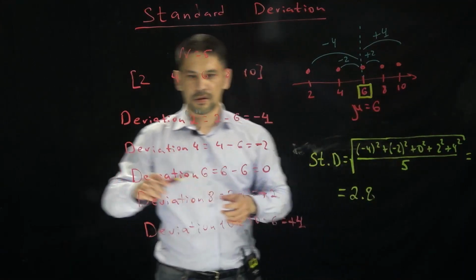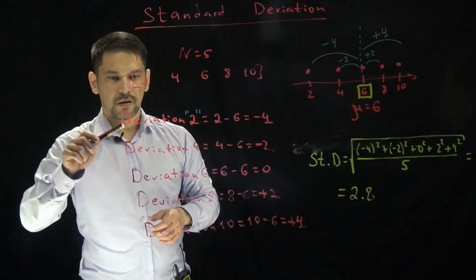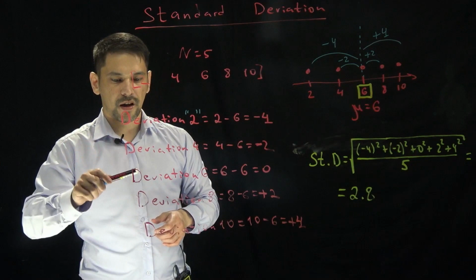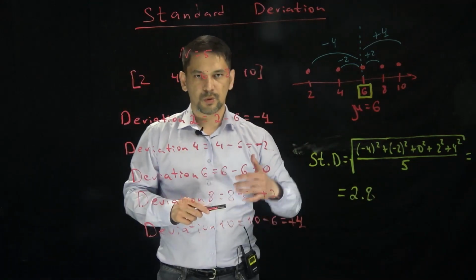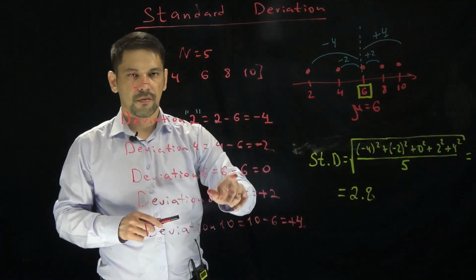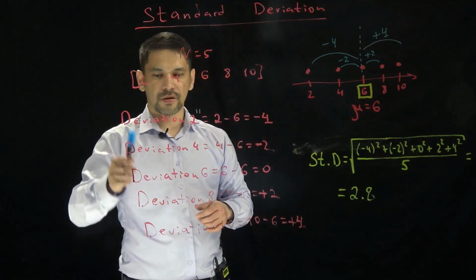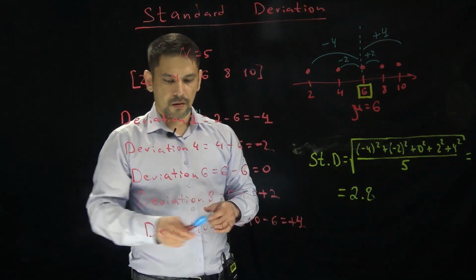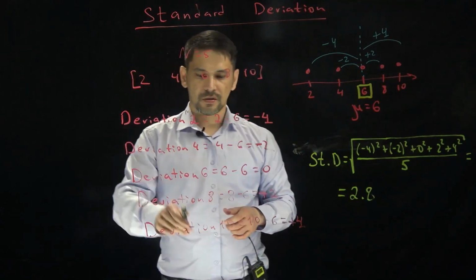So as you can see here, I calculated 5 deviations. I calculated 5 differences, 5 distances. I calculated the distance between each value and the average here. Now, let's say I want to calculate the average for all these 5 deviations. But here's the problem. If I calculate the average for all the deviations, I will get 0.